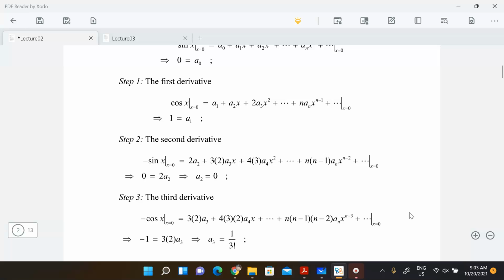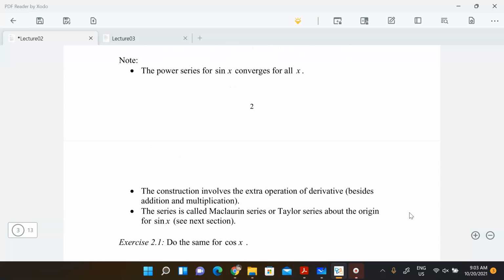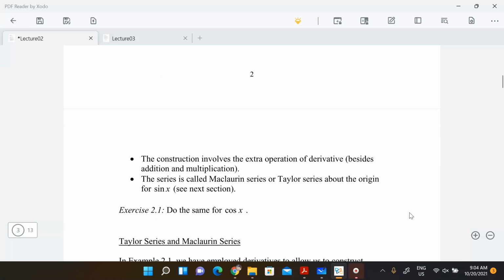So today we'll proceed. The power series that you see for sine x is really what we call a Taylor series, or in this particular case it's called a Maclaurin series because we expand about the origin. Here's a simple exercise for you: do the same technique for the case of cosine x.